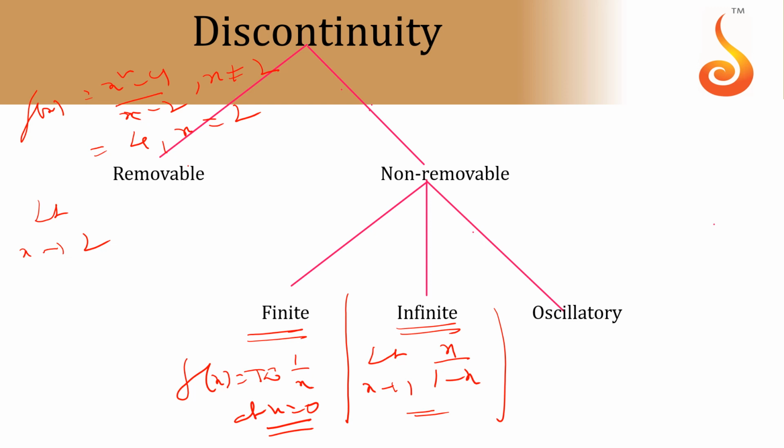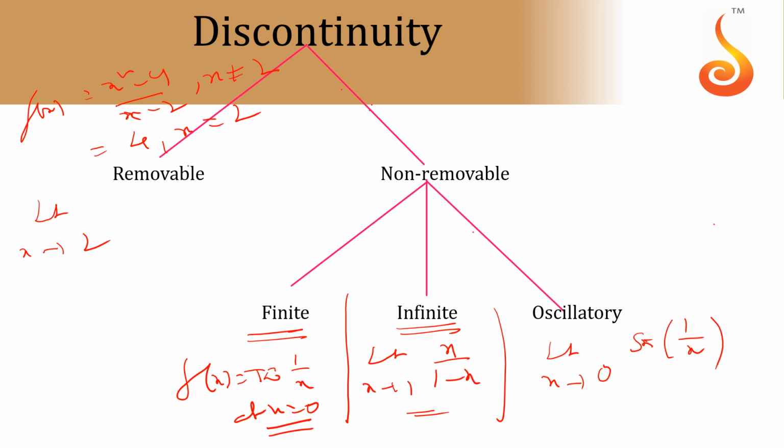Then oscillatory. Oscillatory means the limit as x tends to a of f of x does not exist, but the function oscillates between two finite quantities. Please listen to the statement. For example, limit x tends to 0 of sine of 1 by x.